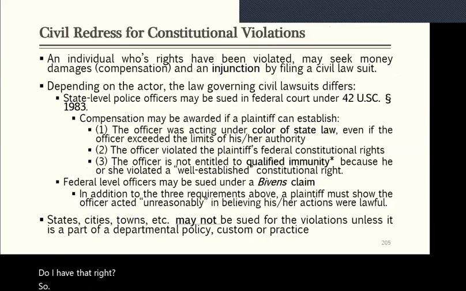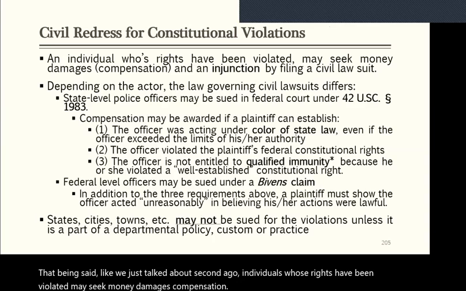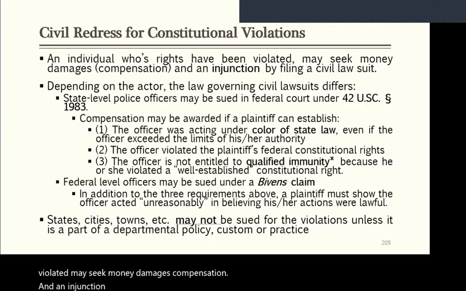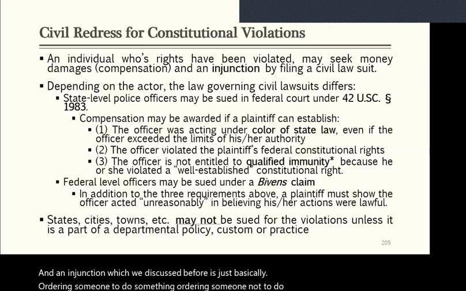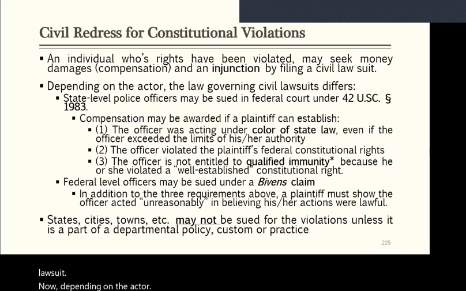So that being said, like we just talked about a second ago, individuals whose rights have been violated may seek money damages, right? Compensation, and an injunction, which we discussed before, is just basically ordering someone to do something or ordering someone not to do something, by filing a civil lawsuit. Now, depending on the actor, the law governing civil lawsuits of officers, state level or federal level, differs.